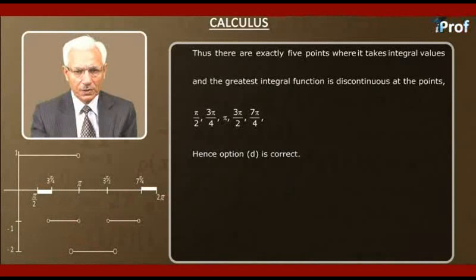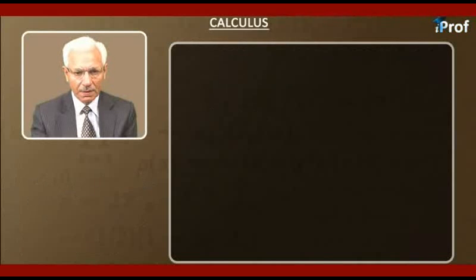We further note that the greatest integer function of cos x plus sin x is discontinuous at the points pi by 2, 3 pi by 4, pi, 3 pi by 2, 7 pi by 4. Hence, option D is correct.